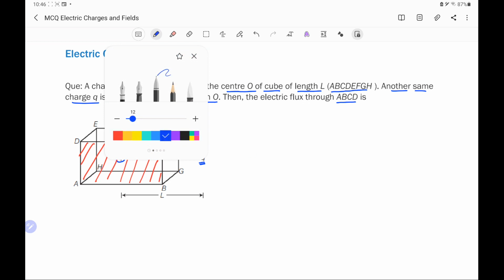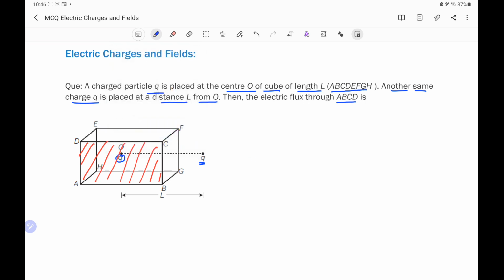If we consider this cube as the Gaussian surface which encloses the charge placed at the center, then the flux is 1 by epsilon naught times the charge enclosed, that is q. And we know that for a Gaussian surface, the charge inside the Gaussian surface will cause the flux, while the outside charge will be ignored.